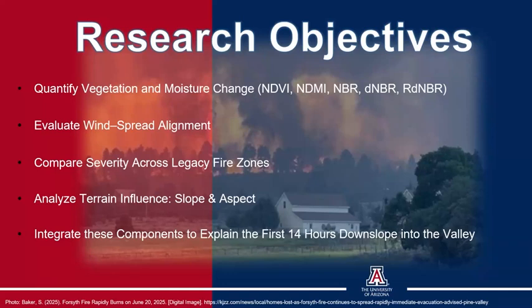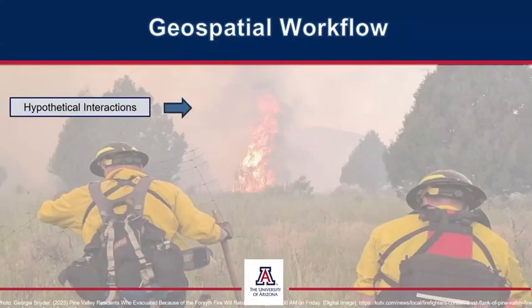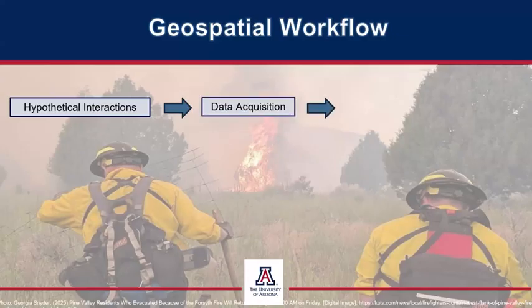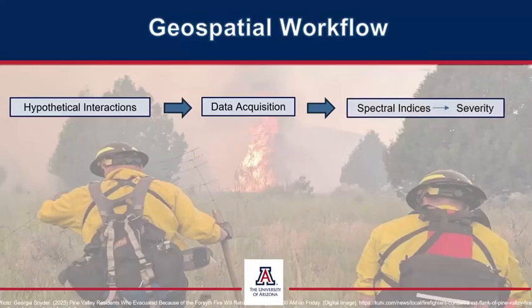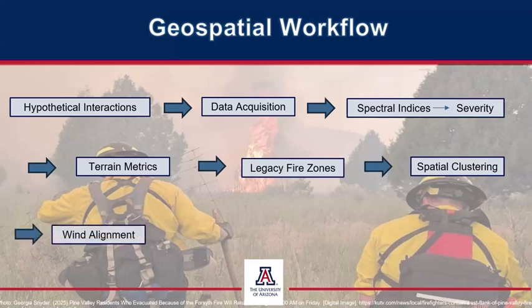This workflow shows how I analyzed the Forsyth Fire. I started with the hypothesis linking terrain, wind, and legacy fires. I then gathered Landsat imagery, digital elevation models, fire perimeters, and wind data. I derived spectral indices and determined severity. I calculated slope and aspect of the terrain, built legacy fire zones, and mapped the severity clusters with local Moran's I. I compared the spread direction with wind data from remote weather stations.